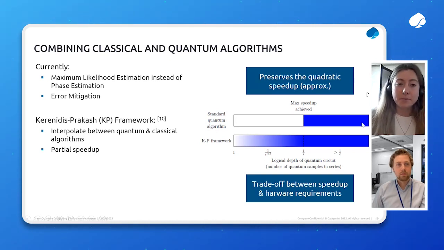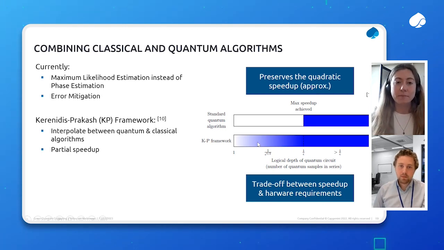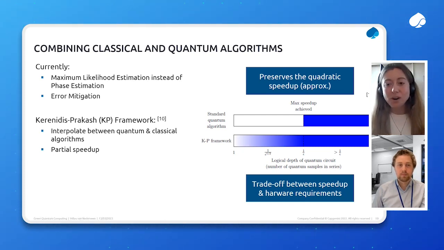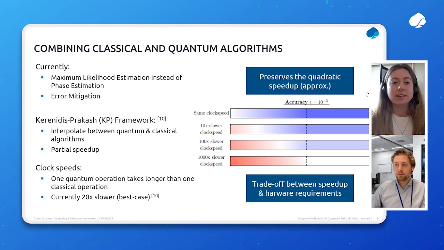And using the KP framework, we can actually, using some classical power and some quantum computing power, interpolate between the two and create a partial speed up at lower hardware requirements. So we get this trade-off between speed up and hardware requirements.